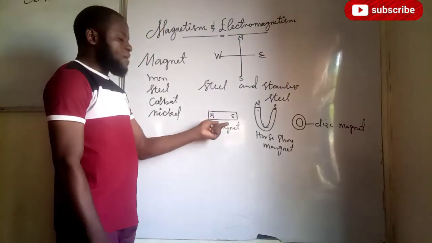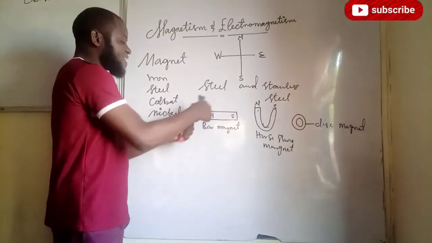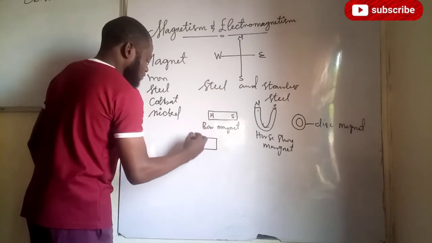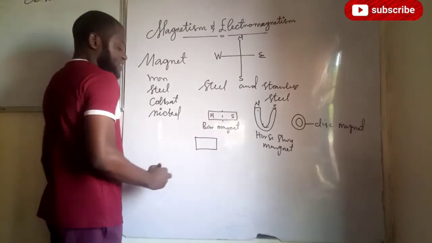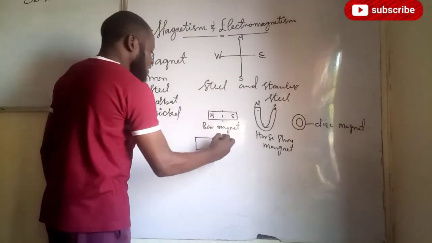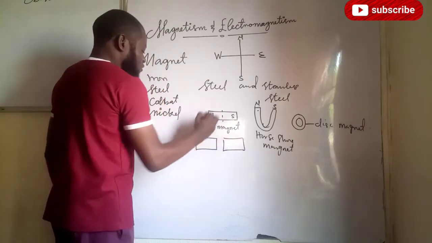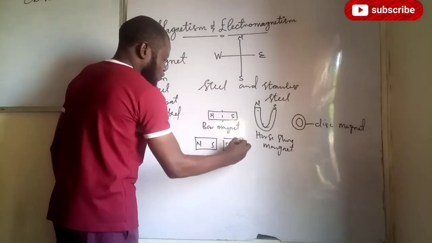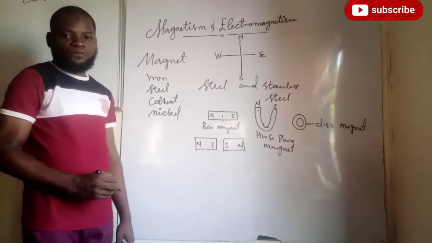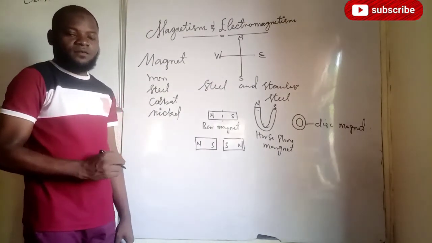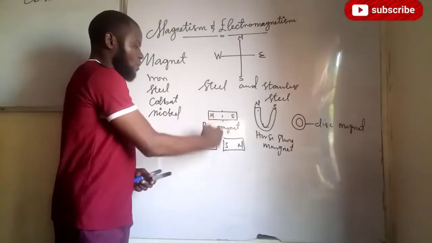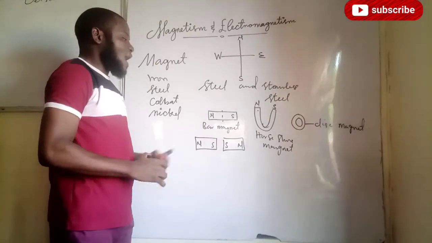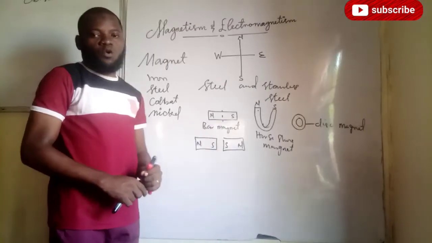Even if I have a bar magnet like this and I break it into two, what will happen is that I'm going to have here as my north pole, while here will be south pole, then north pole. Do we understand this now? Cool. So whenever you break a magnet like that, you automatically have two different poles.